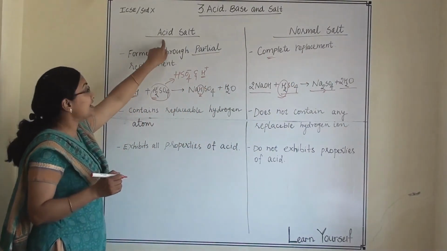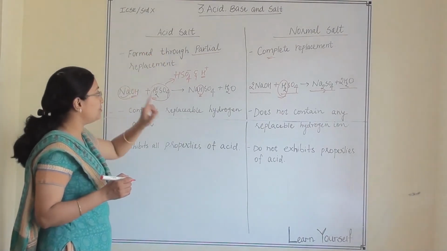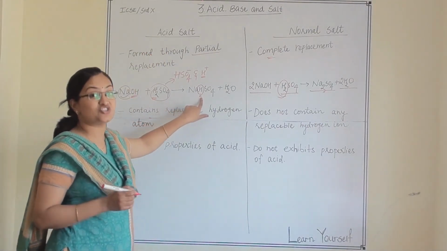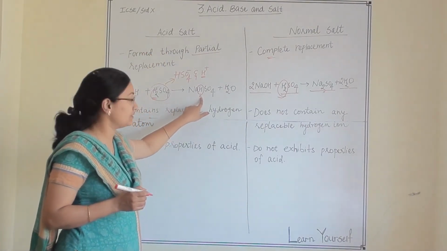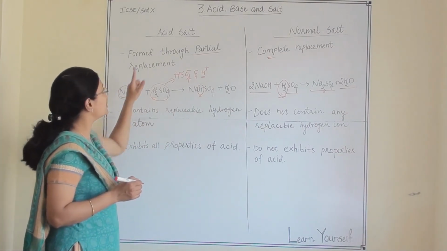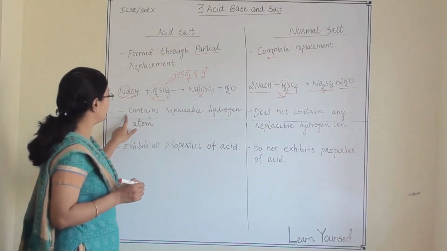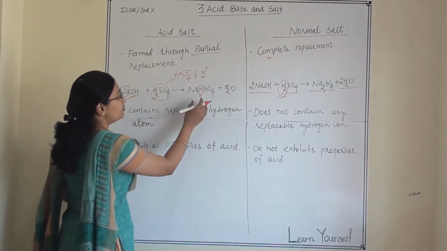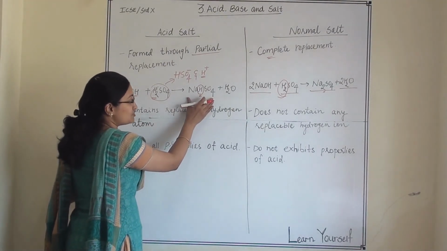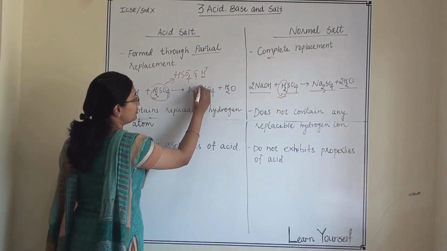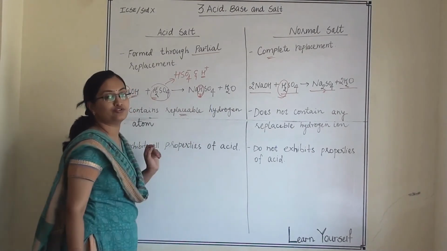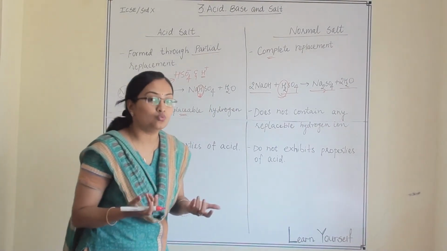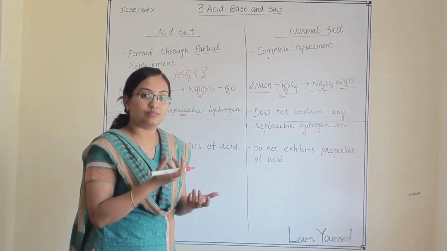Now why is this termed an acid salt? Because of the presence of H plus in the salt, which can be removed, it is named an acid salt. It contains a replaceable hydrogen atom. If you do a dissociation of this, this will be a replaceable hydrogen ion. This H can be removed.